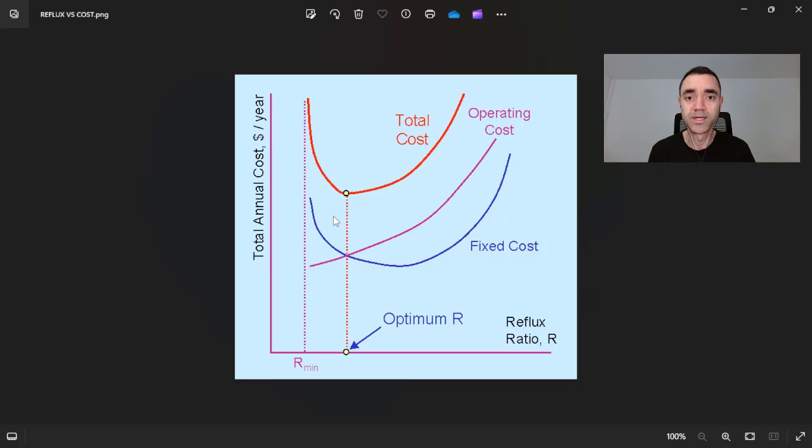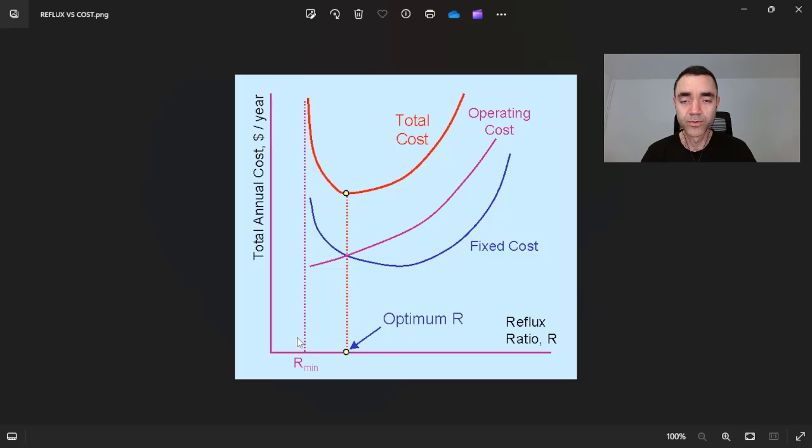A project will only be approved if the board understands that it's feasible in terms of profits, and the profits or the costs associated with the project depend on the operating costs and the fixed costs, that is the CAPEX or capital costs. So what happens when we start from the minimum reflux ratio?